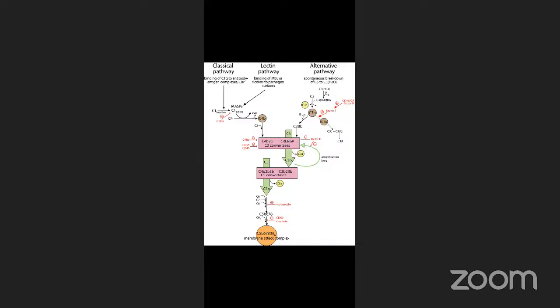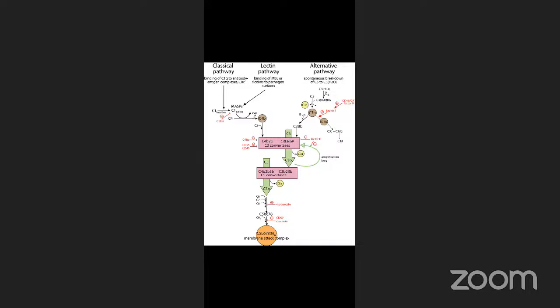This binding leads to the further activation of the other subunits of the C1 molecule, C1r and C1s, and activated C1s cleaves the C4 and C2 molecules, giving C4a, C4b subunits and C2a, C2b subunits. The combination of C4b and C2a acts as a C3 convertase.